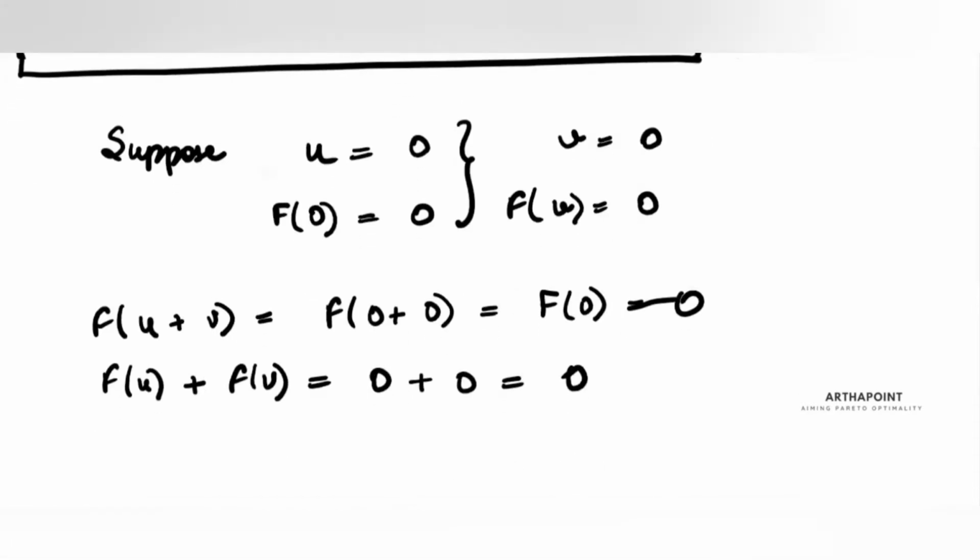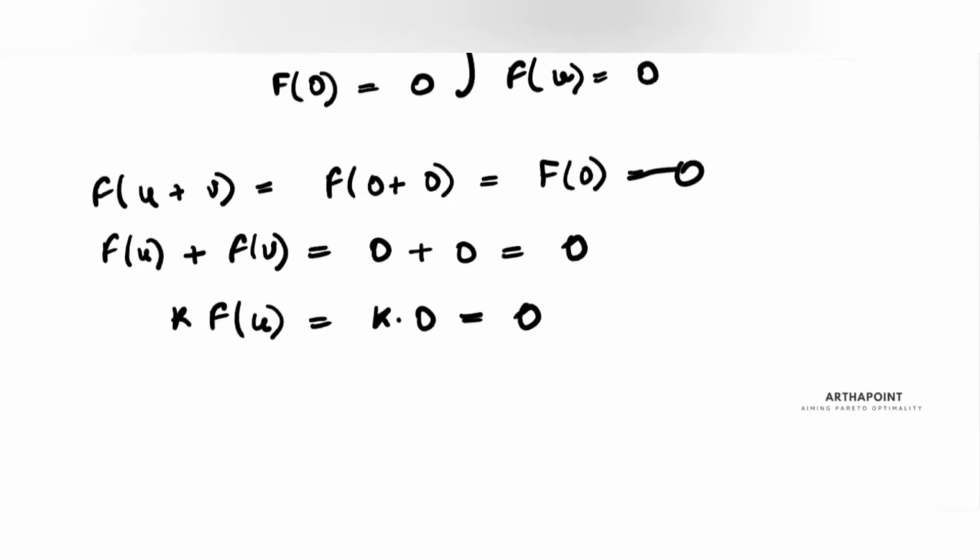Even if I multiply with k, I will get k into 0, which is 0. So basically, any 0 vector will automatically be a linear transformation. So this is a very important but trivial result.